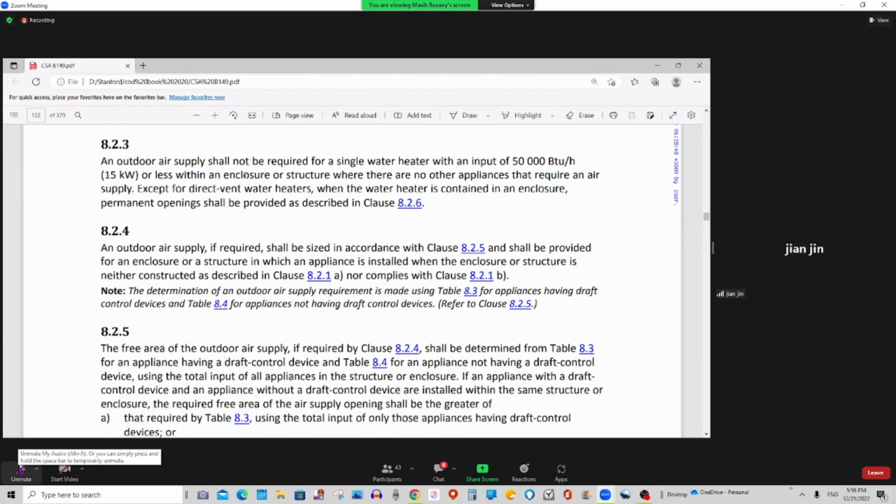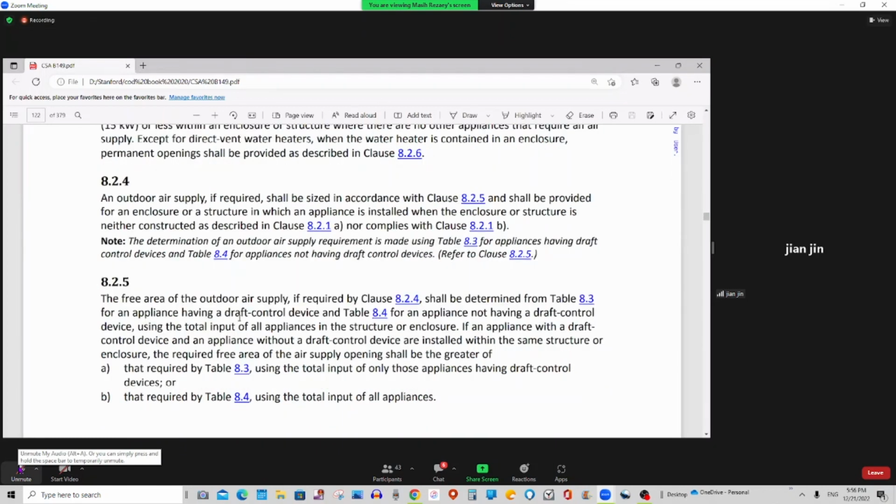Look at 8.2.5. Would you read that? Yeah, sure. 8.2.5. The free area of the outdoor air supply, if required by clause 8.2.4, should be determined from table 8.3 for an appliance having a draft control device, and table 8.4 for an appliance not having a draft control device, using the total input of all appliances in the structure or enclosure.